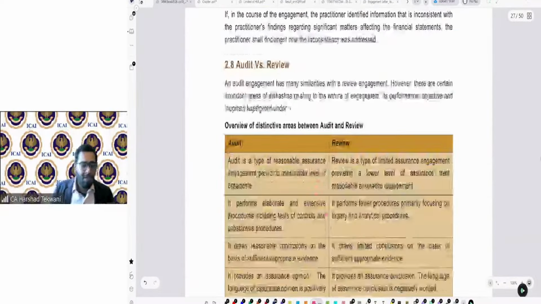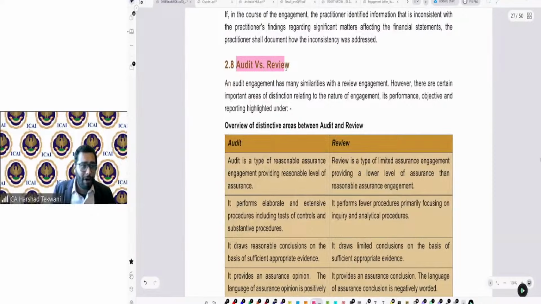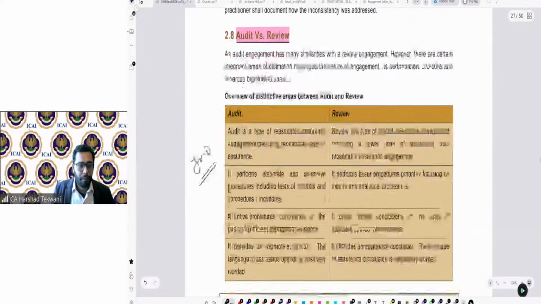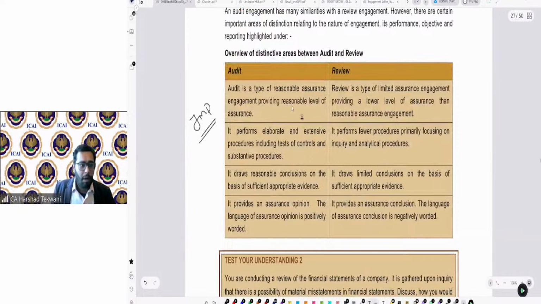We have already discussed the audit versus review part. What is the difference between audit and review? It's very important. I will request everyone to go through this particular part also. In an audit it's a reasonable assurance; we call it here in a review a limited assurance. In an audit we perform elaborate and extensive procedures; here, few procedures are performed.